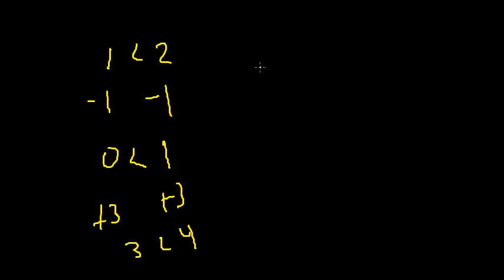The multiplication property is a little different. So if I take, say, 3 is less than 9. If I multiply both sides by 2, this is still true. 6 is less than 18.